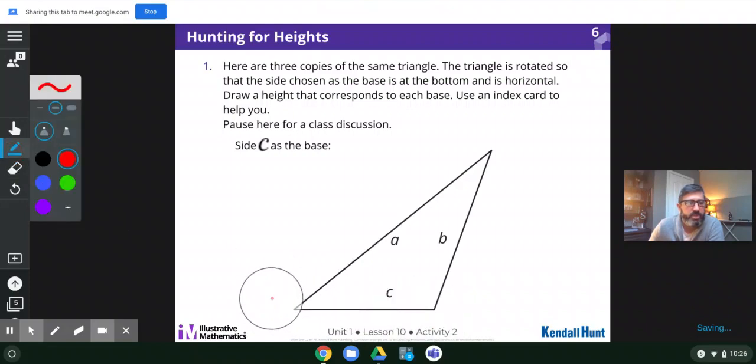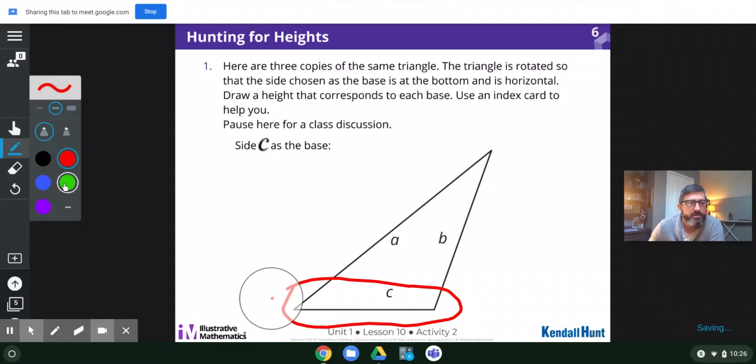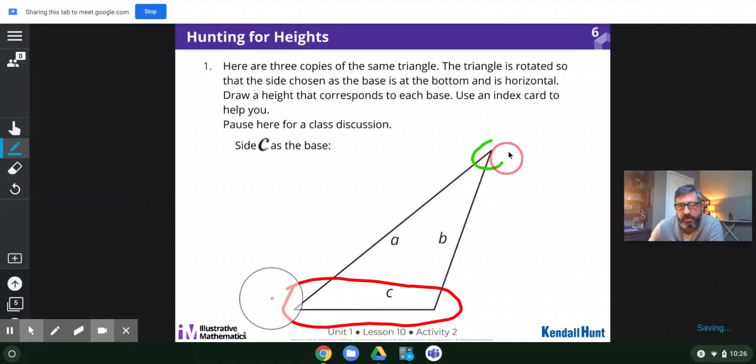Okay, let's try that again. So we're starting with base C. So that makes our opposite vertex, our opposite corner, right here.